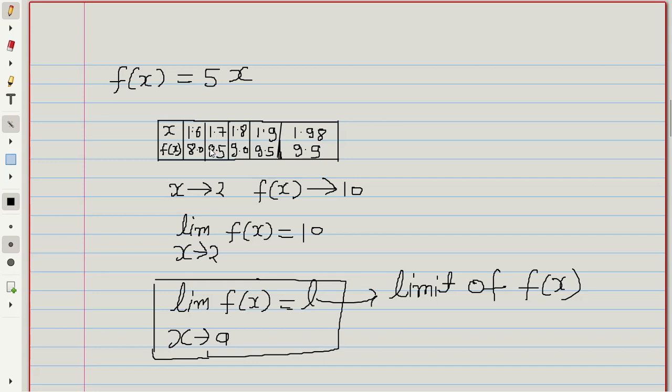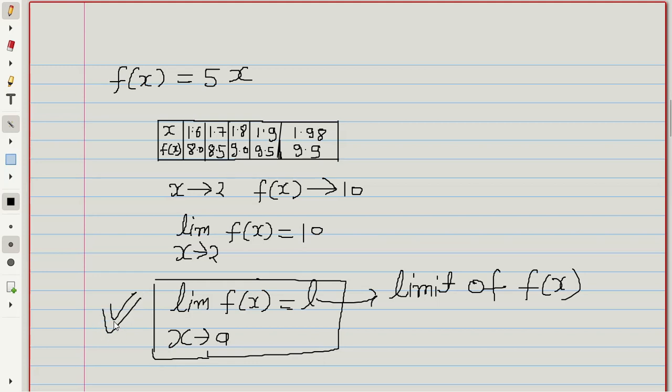See that here, the f value is tending to 10 when x is tending to 2. So here x is not equal to 2, but x is approaching 2. Then f(x) is approaching 10. So this is the definition of limit.